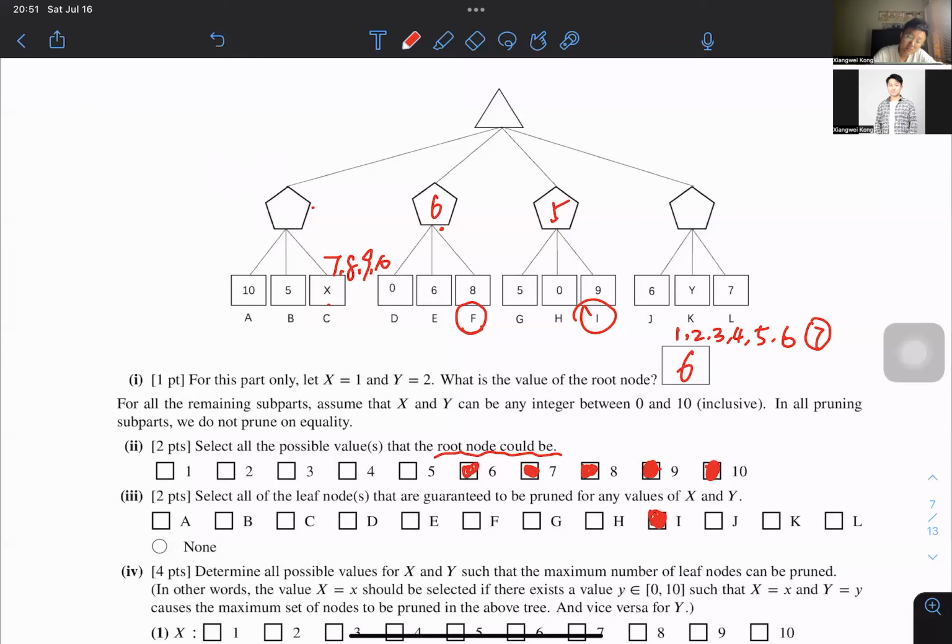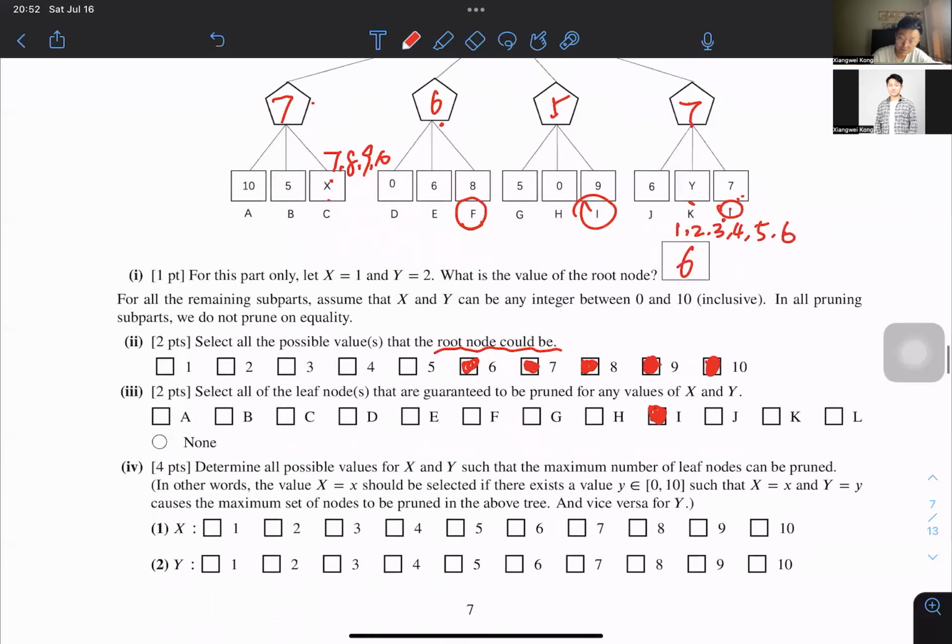No, right? Since this one gives us X, if X is 7, then this node is 7. And if Y is 7 and the next node is also 7, then this median value will also be 7. Since we don't prune inequality, we cannot prune this. So in order for this node to be pruned, we should make sure Y is smaller than 7. So Y cannot take 7. X's value will be 7, 8, 9, 10, and Y's value will be 1, 2, 3, 4, 5, 6.